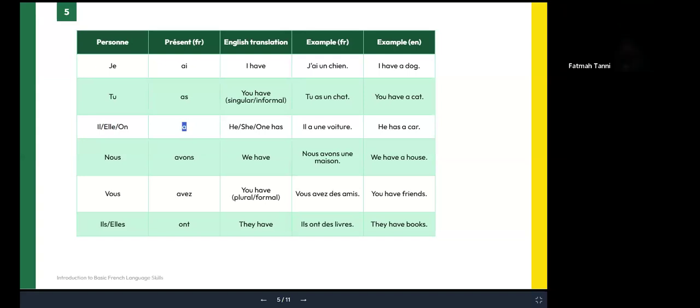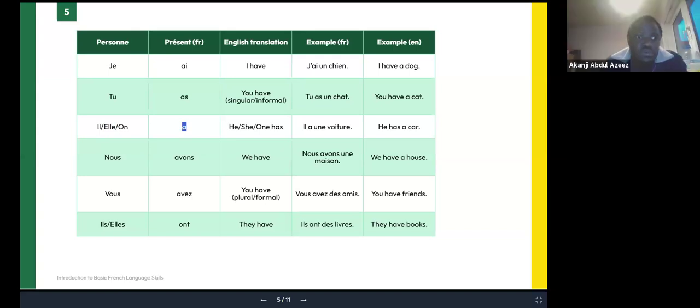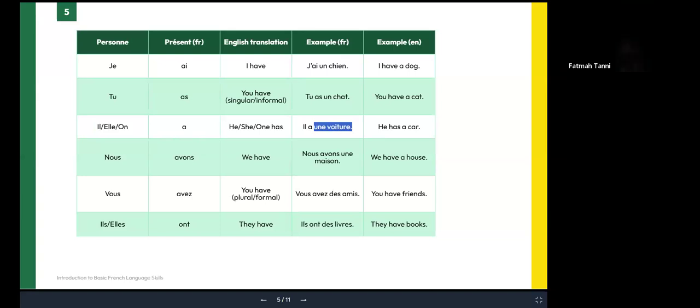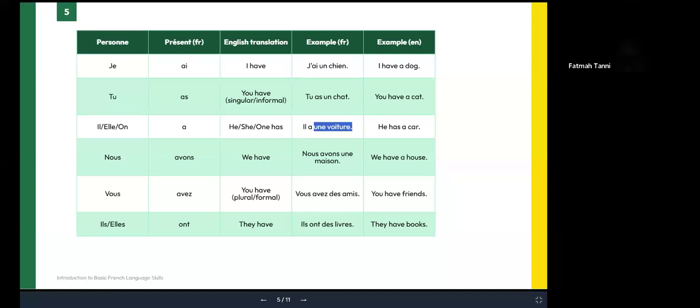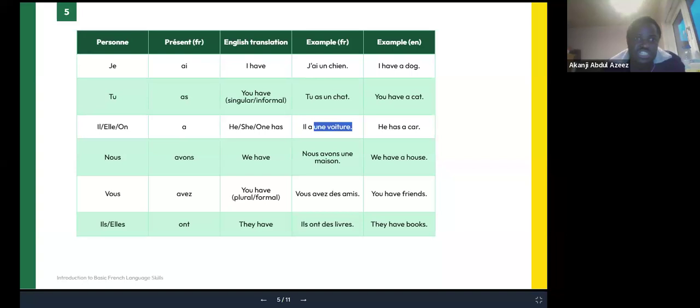With this one, just pronounce it, and elle uses the a, for example: elle a une voiture. What if it's a car? Elle a, she has.